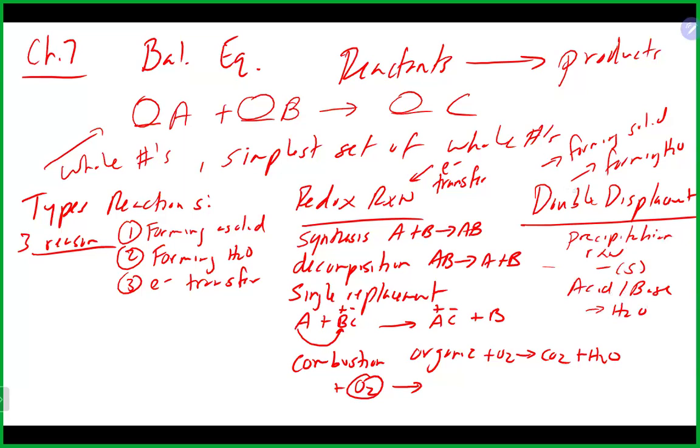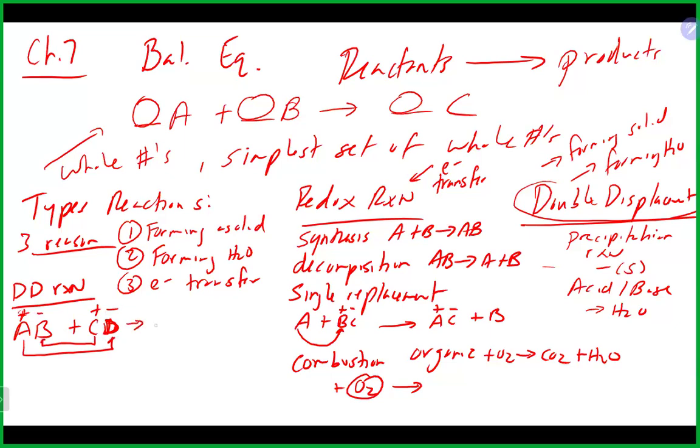All double displacement reactions are pretty much the same deal. For a double displacement reaction, it is two ionic compounds. That's how you recognize them. And always when you have two ionic compounds, the two positive guys will switch partners.